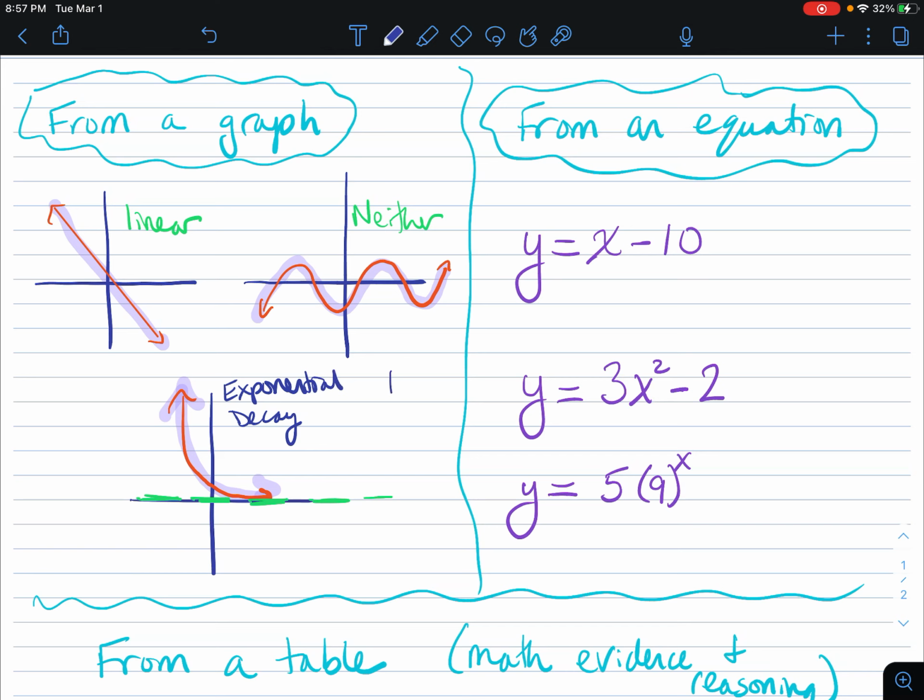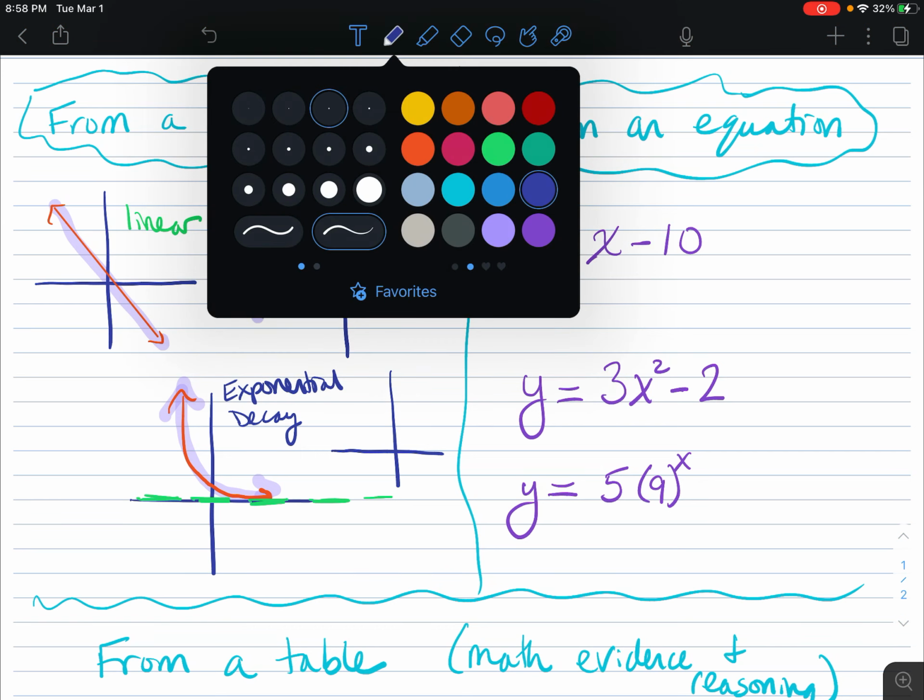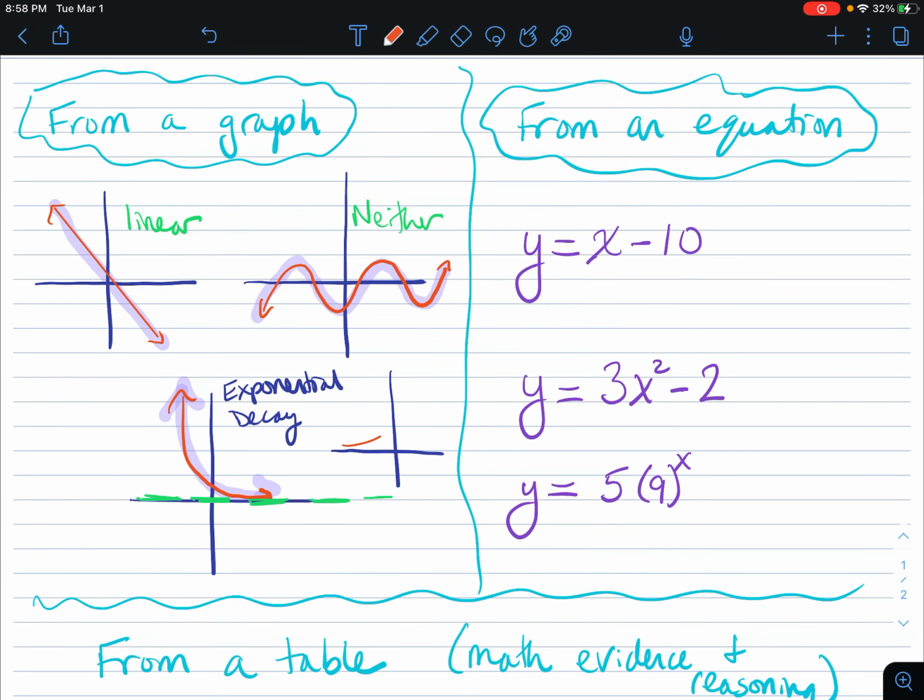I'm going to draw you another one, and this is going to be an exponential growth. So we can see again, this is zooming up to infinity, and it's hugging this imaginary line that we call a horizontal asymptote. Okay, so it's this horizontal line here.